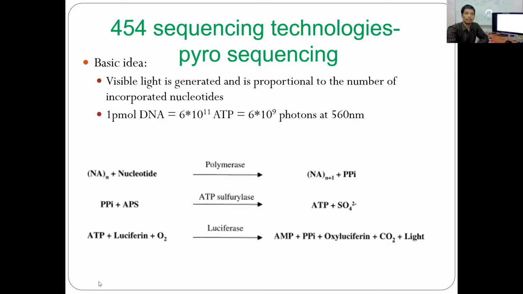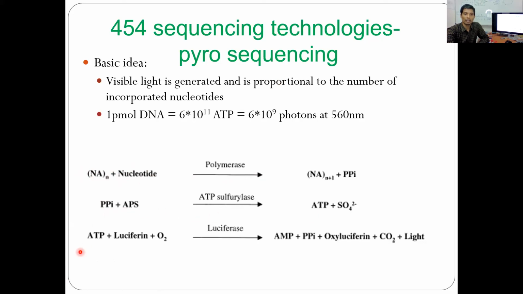So this is the main sequencing reaction. So oligonucleotides are there. At a time, one nucleotide will be added. For every nucleotide added, a pyrophosphate will be released. And then this pyrophosphate reacts with APS to release ATP.